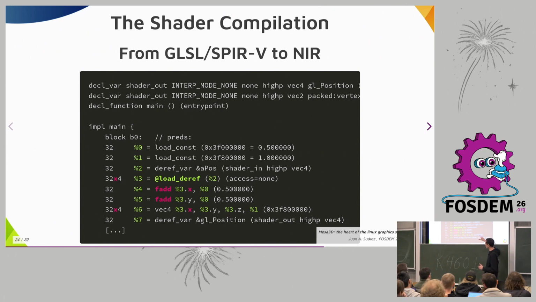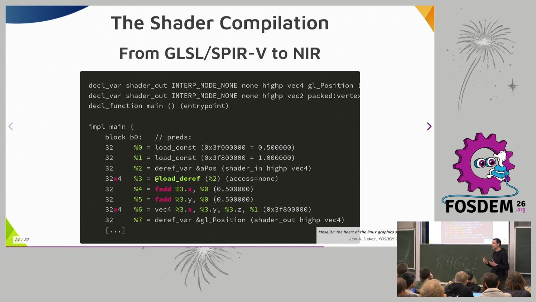This is an example of a piece of NIR. And this NIR is transformed into SSA form, where a single static... well, I don't remember what the acronym means. But the thing is that this is a form in which you can apply a lot of very well known optimizations from the compiler world. Examples are algebraic optimization.